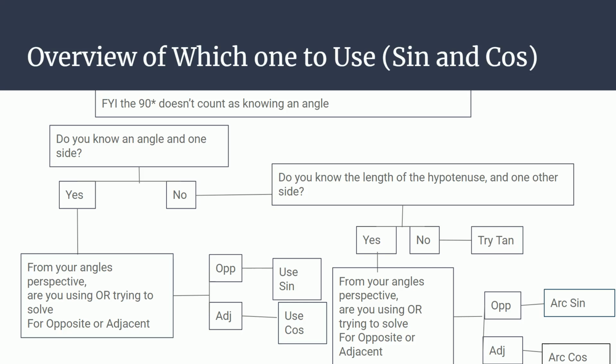If we don't know an angle and one side, we ask ourselves, do you know the length of the hypotenuse and either side? There are two options, yes or no. If it's no, then chances are we shouldn't be using sine or cosine, we should be using a tangent.